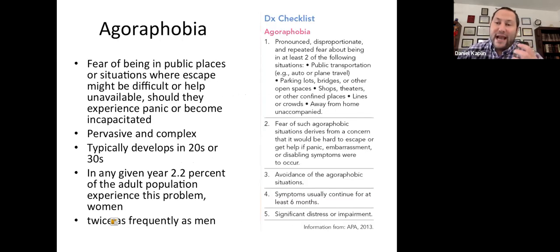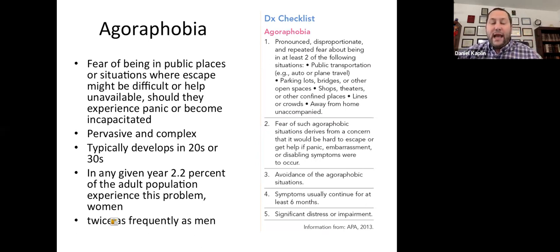Now, the second general class of phobia is agoraphobia. Agoraphobia is a pronounced or disproportionate fear where a person has anxiety about escaping a situation, or where help is unavailable, or where they might experience a panic attack and become incapacitated or immobilized.